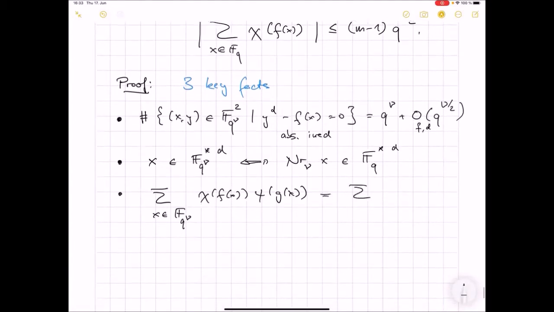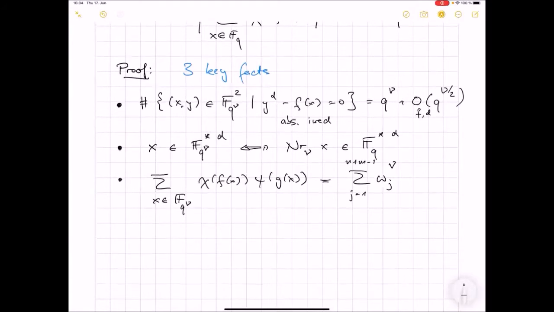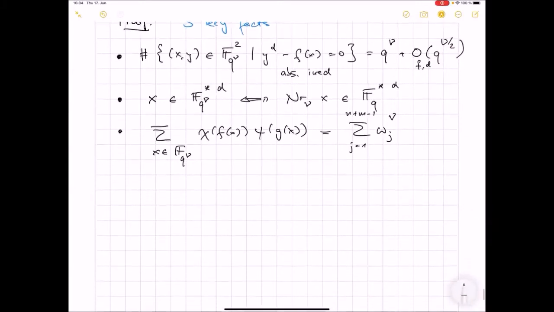Then this is a sum of things, and you take the νth power, and how many things do you have? n plus m minus 1. In our case, n equals 0. And again, we don't know anything a priori about the omega j's, but we do know what happens if you go up the tower. Then you just need to take νth powers of the omega j's. Okay, these are the 3 key facts, and if you take them for granted, then the proof is relatively simple.